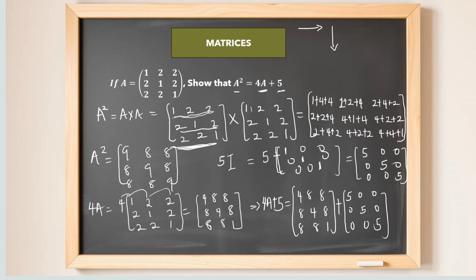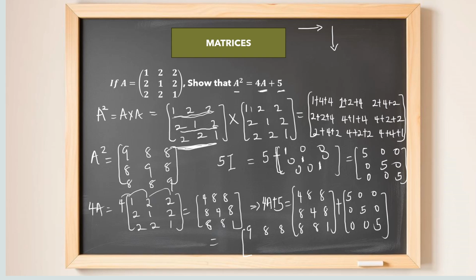If you take a good look at this matrix, you should have 4 plus 5, which is 9. 4 plus 0, 8 plus 0 is going to be 8. 8 plus 0 is going to be 8.